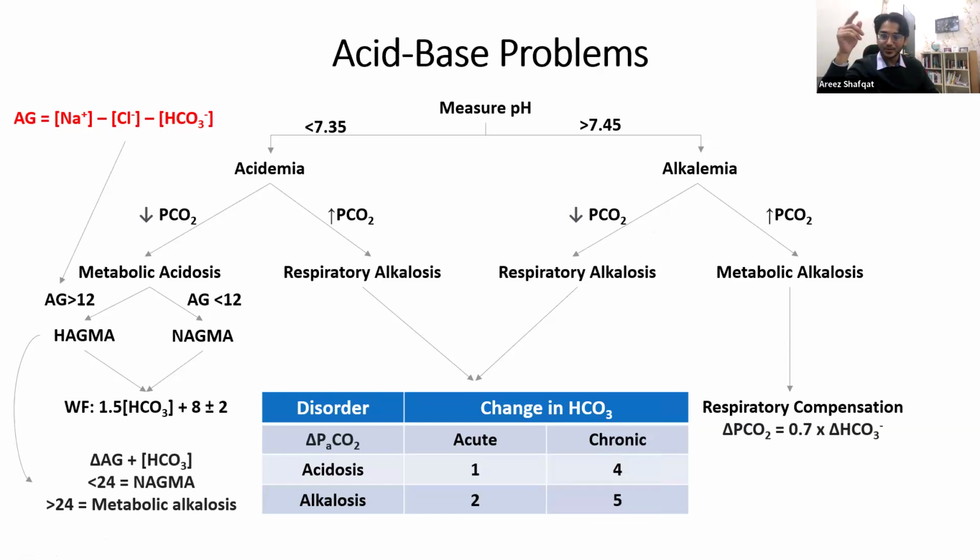If his expected PCO2 is 30, but his actual PCO2 is 25, that means he has a concomitant respiratory alkalosis. If his PaCO2 is 35, that means he's not compensated and it's actually a concomitant respiratory acidosis. So always calculate the expected value, then compare with the patient's actual value. Okay?